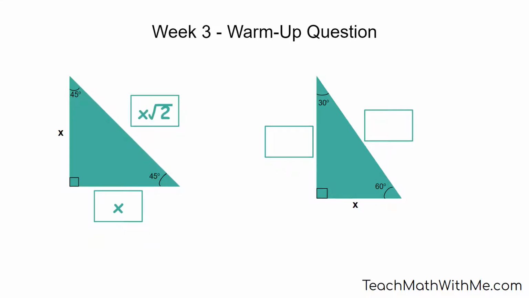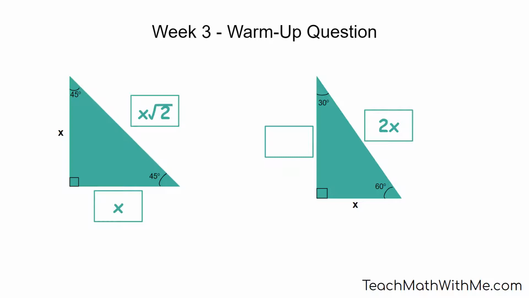You should have said x times the square root of 2. Now looking at the 30-60-90 triangle, if we're given that the length of the leg opposite the 30-degree angle is x, then to me it's easier to find the length of the hypotenuse first. You should have said 2x. And another reminder, the hypotenuse is always going to be the longest side of the triangle, and in turn, the shortest leg length is opposite the smallest angle.